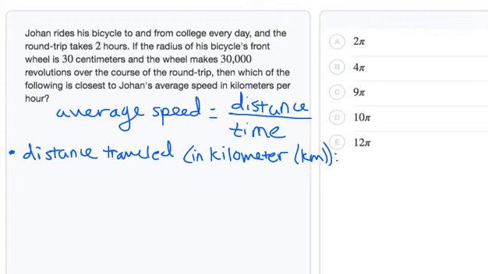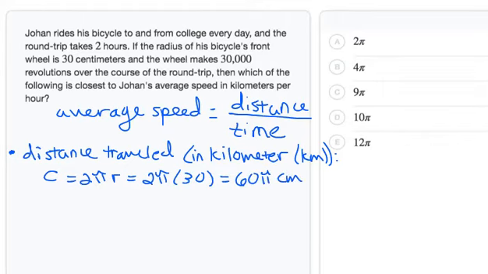Now, for each revolution, the bicycle travels a distance equal to the circumference of the wheel. Given that the radius of each wheel is 30 centimeters, the circumference will equal 2 pi r, where r is the radius. So we have 2 pi times 30, which would give us 60 pi centimeters.